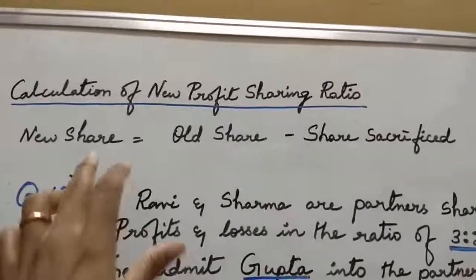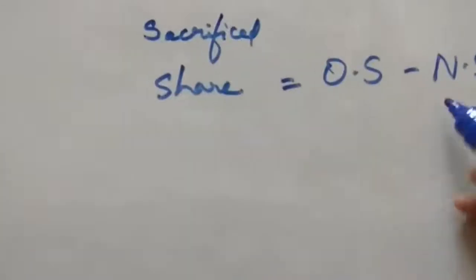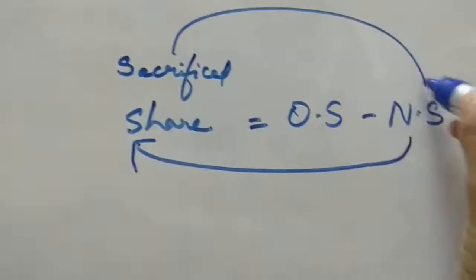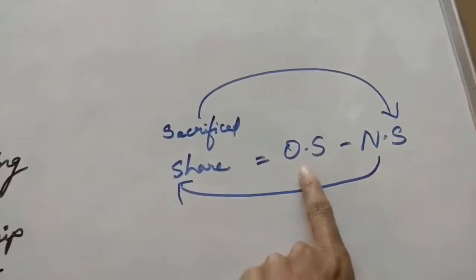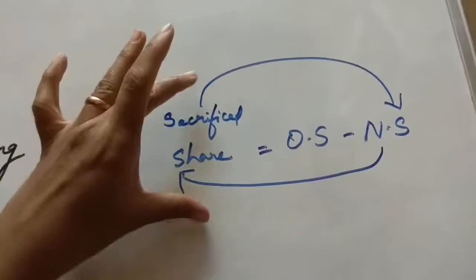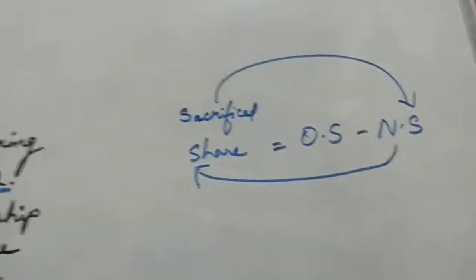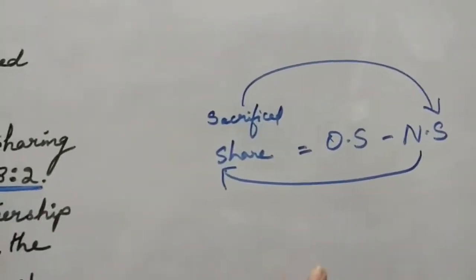In the case of new share, only this is a change, which means this is being taken out and this is going to be replaced. Just observe: new share is equal to old share minus sacrificed share. So if you know one formula, it is possible to remember the new share calculation in case of admission of a partner.